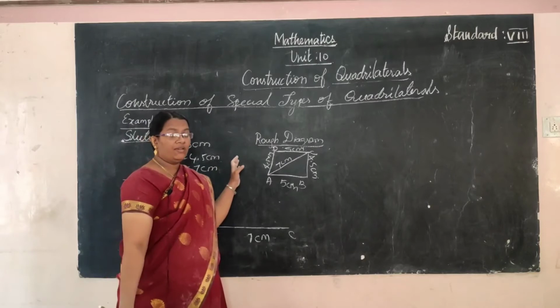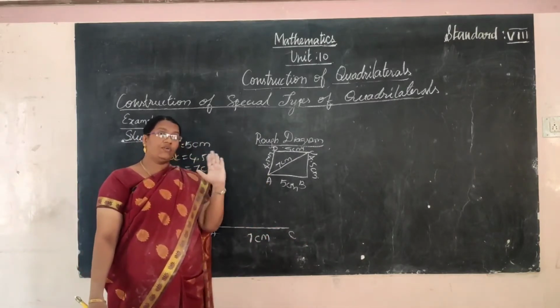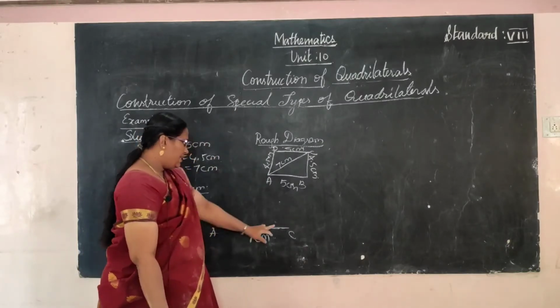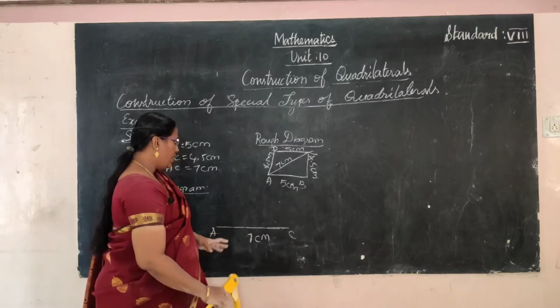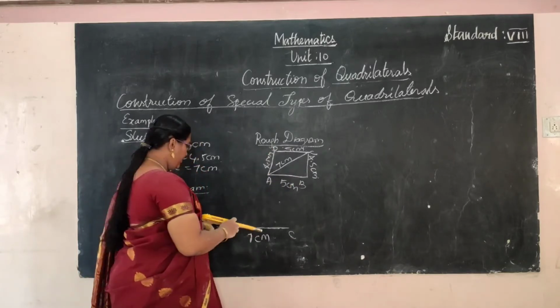We have already seen this in the previous two classes. One diagonal is given. What do we do? First prefer the diagonal. So first AC is equal to 7 centimeter, draw. After that we draw this side or any one of the sides.